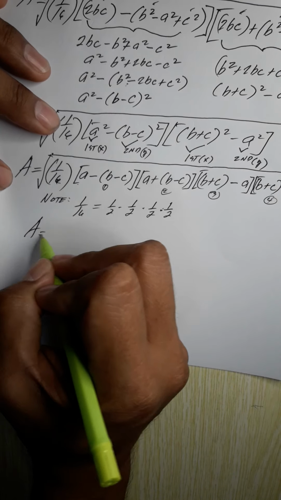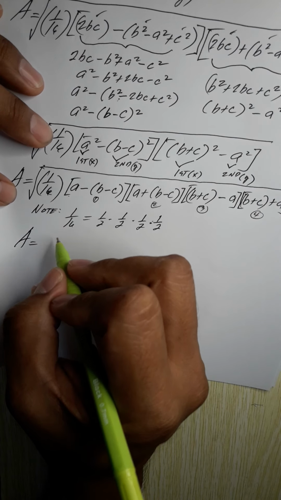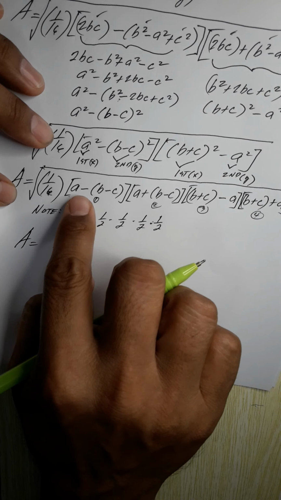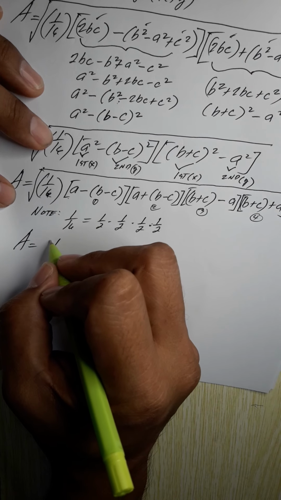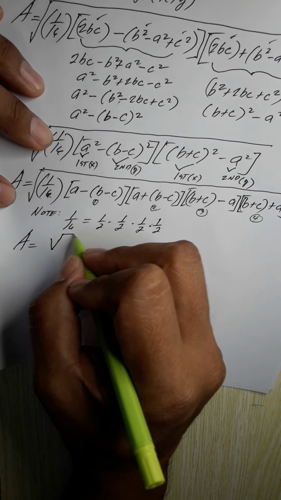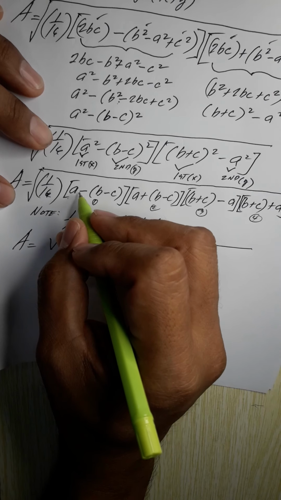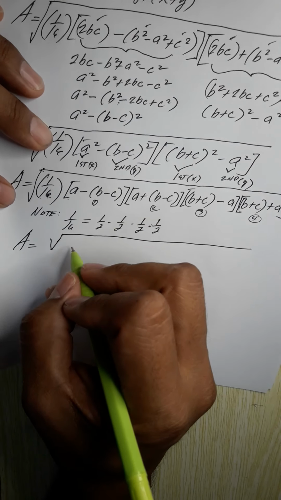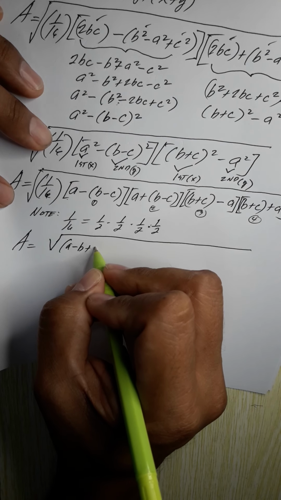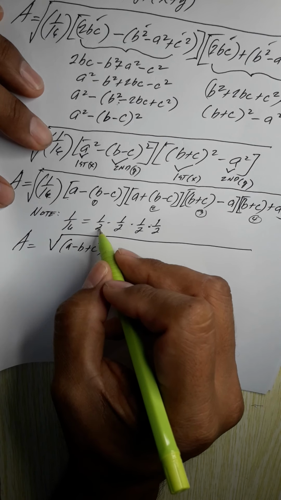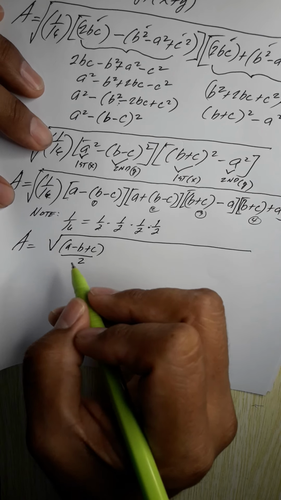So A is equal to, this one is actually A minus B plus C, and then we put the denominator 2.